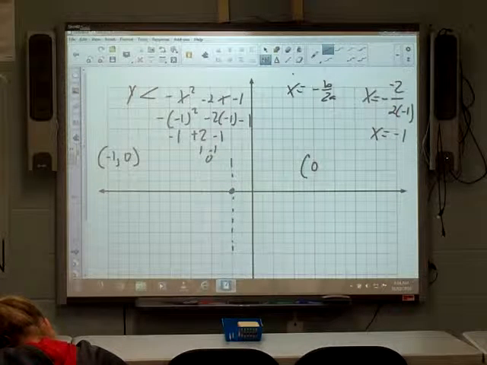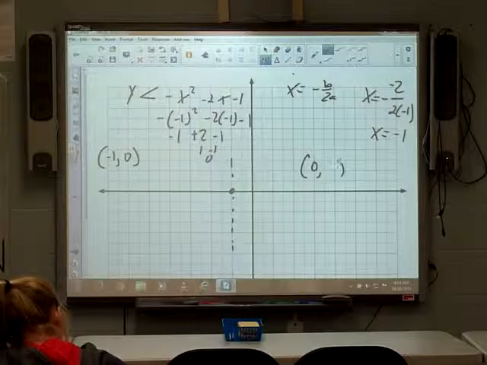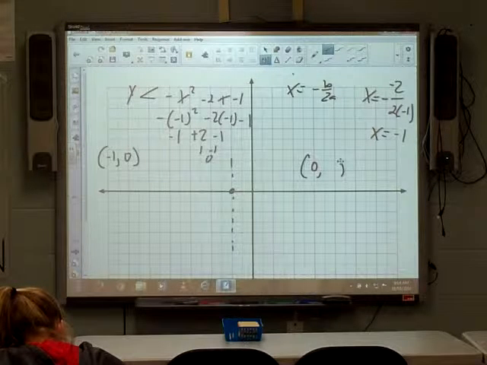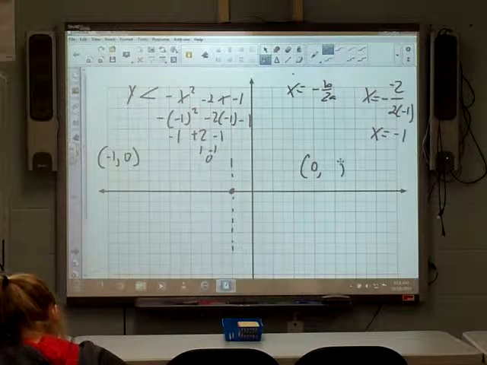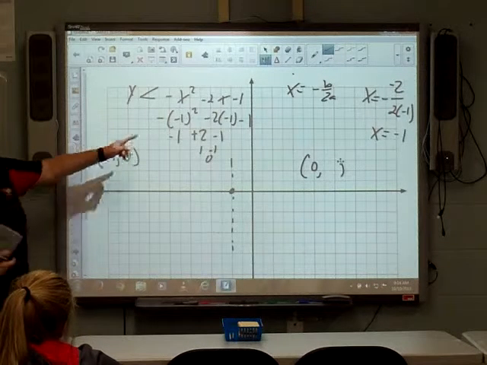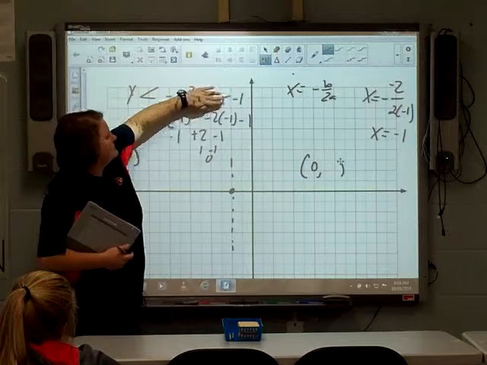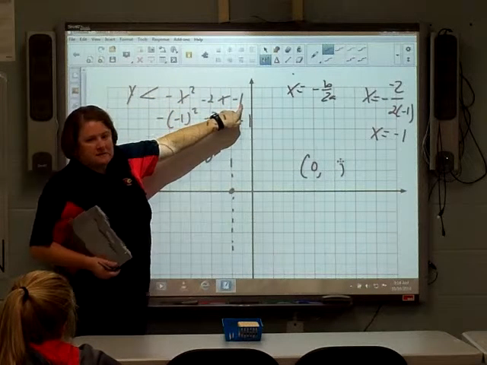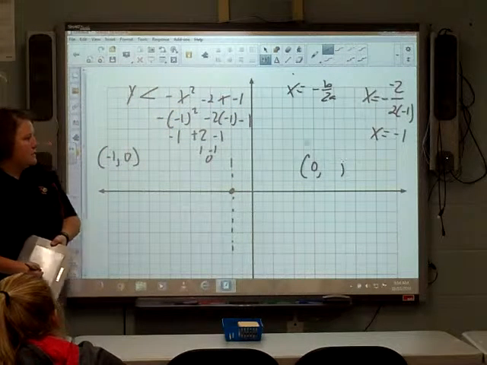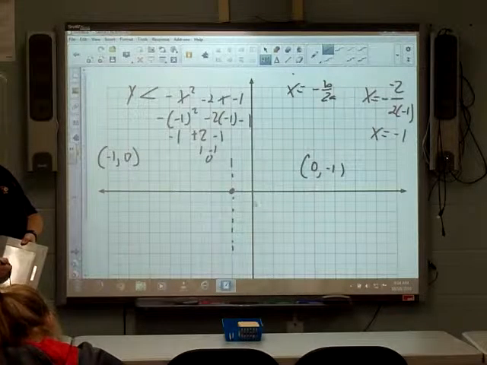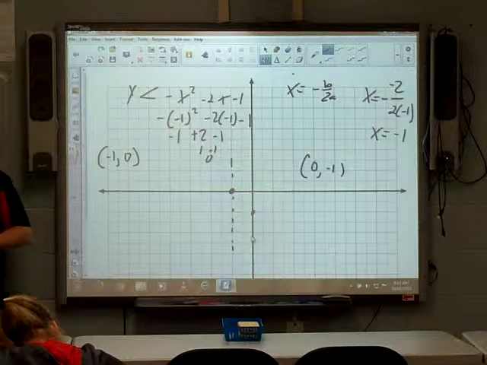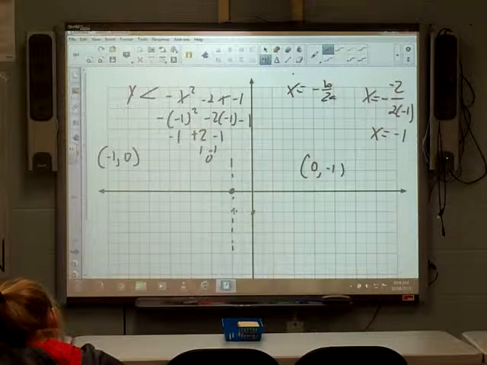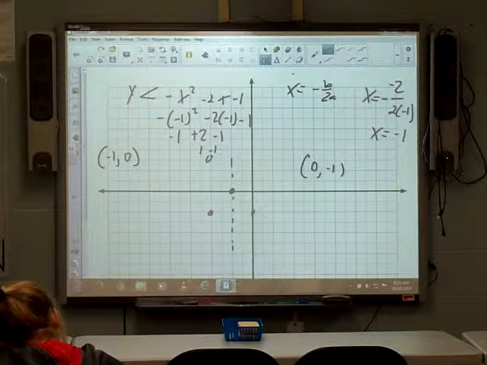The good thing is, when it's in standard form and you plug a 0 in for x, it takes everything out but your c, because 0 squared is 0 and 2 times 0 is 0. So all I've got left is c, which is negative 1. So I'm going to go over 0 and down 1. Remembering that from a couple weeks ago? That's 1 away from the axis of symmetry, so I go 1 away on the other side.